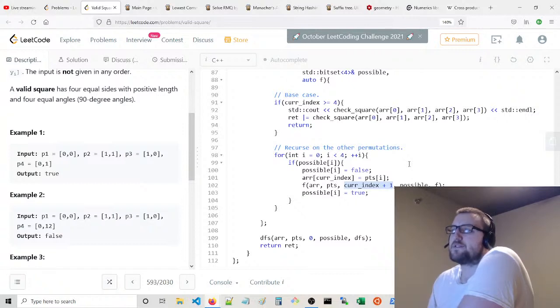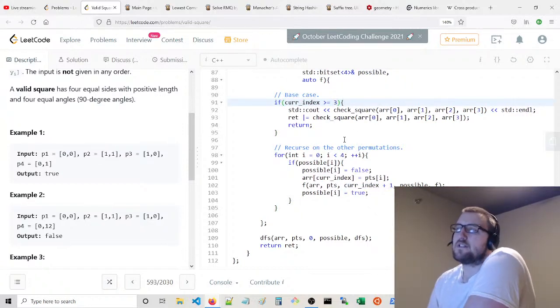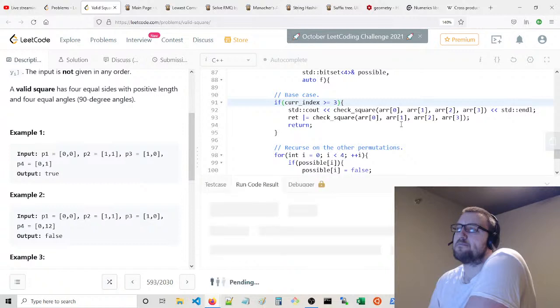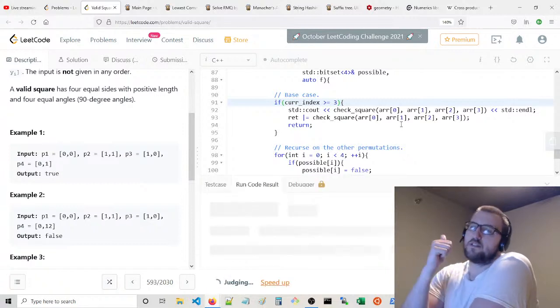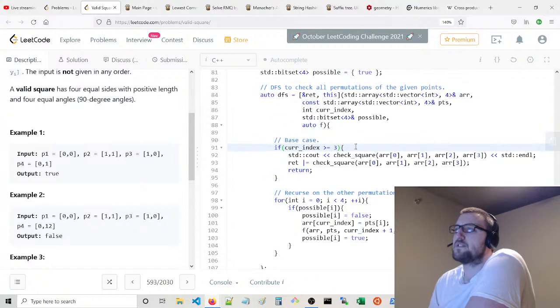Set that to false. Update the index to 1. I think it's greater than or equal to 3, quite frankly. 1, 2, 3. No, I never call this. I'm so confused.